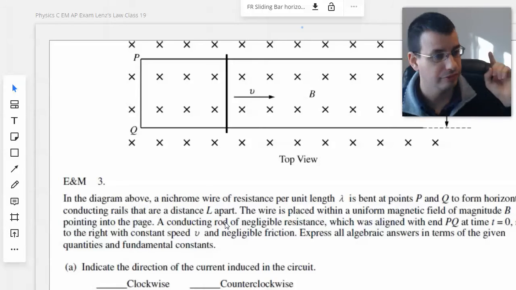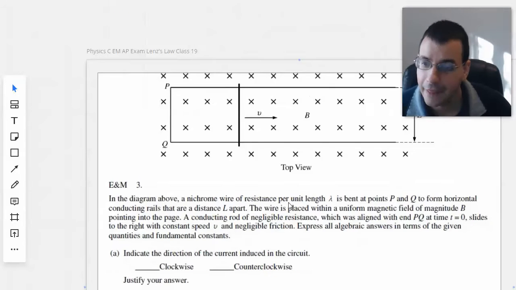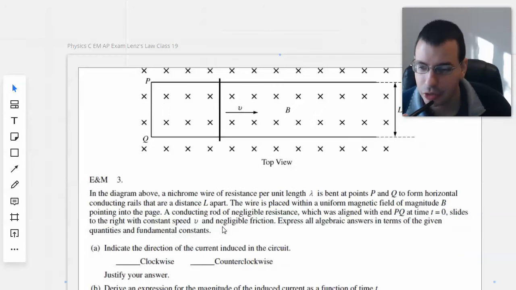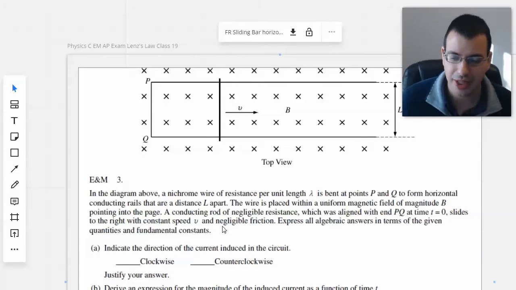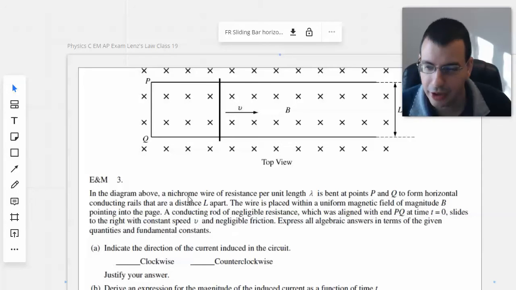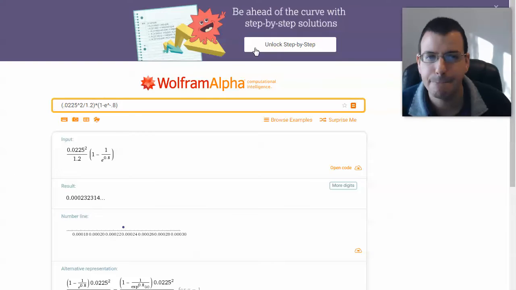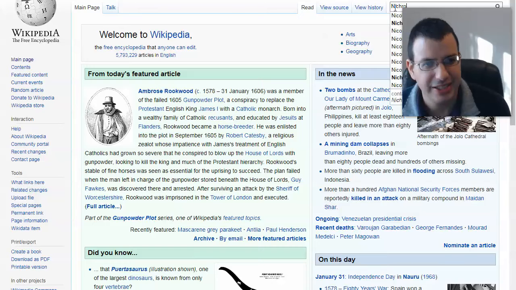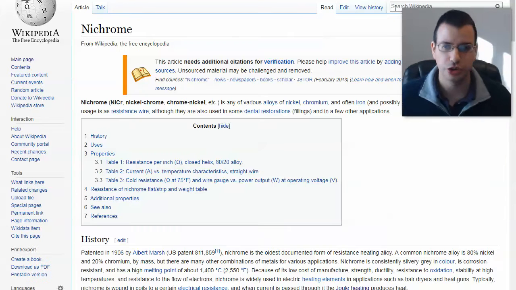Okay. Back to the problems. So, okay. I see where this is going. In the diagram above, a nichrome. I assume that's nickel chromium. I think that's heating wire, like a resistor in a toaster.